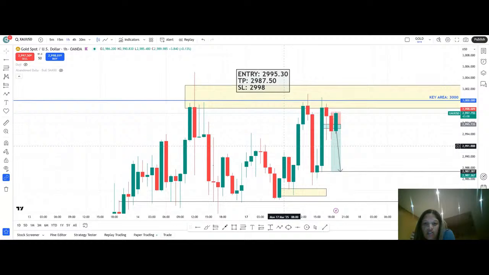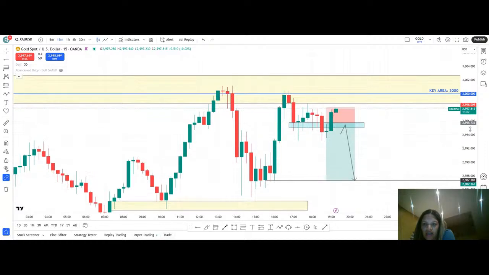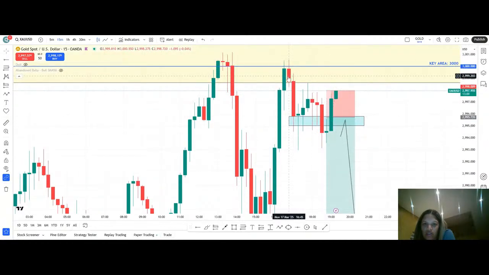Look at how this candle closed now at 7, so we might still see price coming down, but I am thinking it wants to tap into this zone here before it continues down.